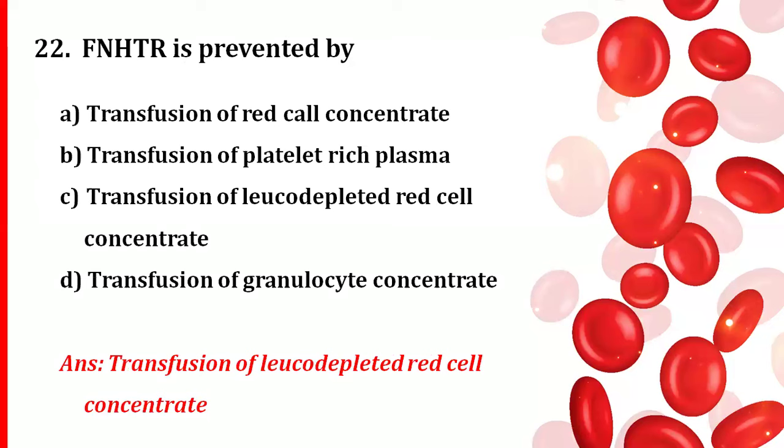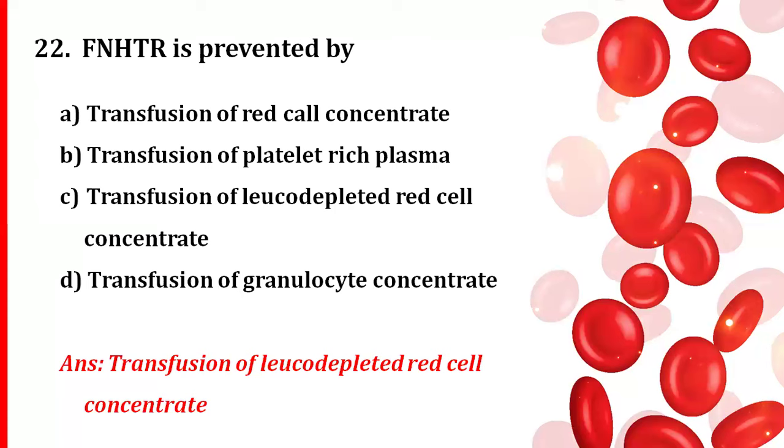So what is meant by FNHTR? That is febrile non-hemolytic transfusion reaction. This is the most common type of transfusion reaction. Why does it take place? Because cytokines accumulate during the storage of cellular components.